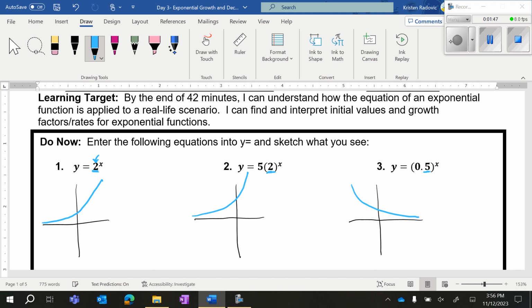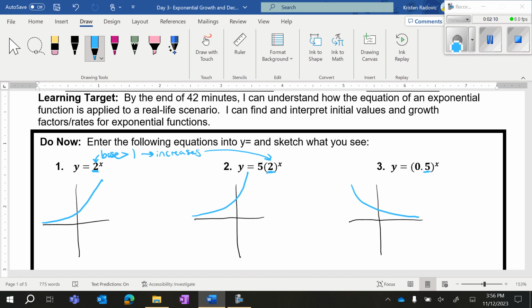Because your base is greater than 1, the equation goes up. Or rather, I should say, the function increases. So if the number attached to the exponent is greater than 1, you go up.